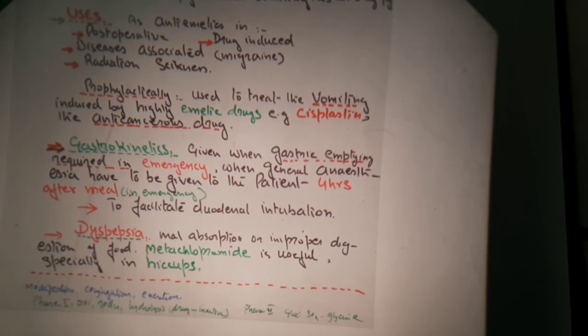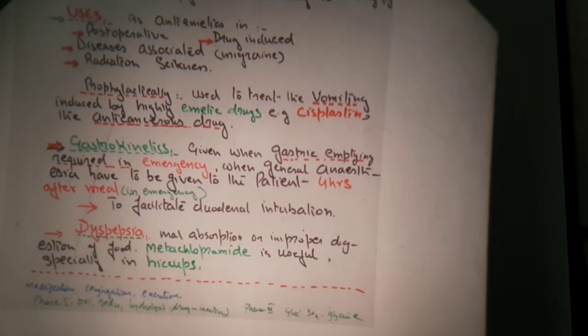Cisplatin is an anti-cancer drug. It may cause vomiting, and to avoid this vomiting prophylactically, when we use cisplatin as an anti-cancer drug, a neuroleptic should be given prophylactically.